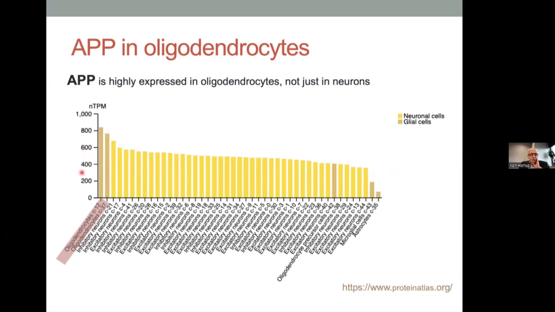I mean, these are numbers that are quite significant in terms of reads per million. But it is noteworthy that the cell type that makes the most APP of all the cells in the brain are the oligodendrocytes.